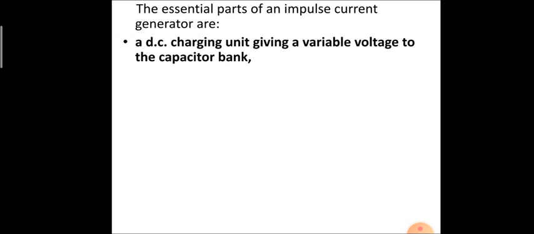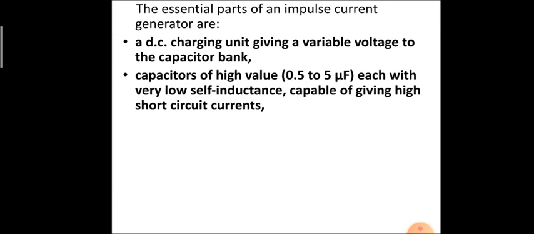Now the essential parts of this impulse generator circuit are: first, my DC charging unit, which gives a variable voltage to the capacitor bank. Then I have capacitors of 0.5 to 5 microfarad each, with very low self inductance and capable of giving high short circuit currents.